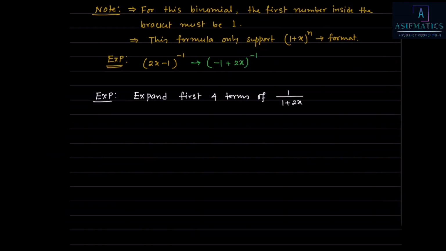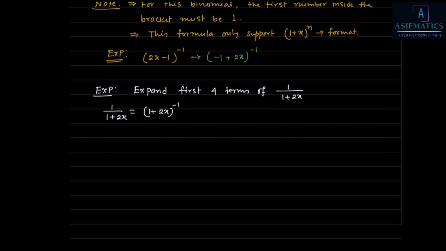All right. So 1 by 1 plus 2x, what does it mean? 1 by 1 plus 2x is actually 1 plus 2x to the power minus 1. Right?